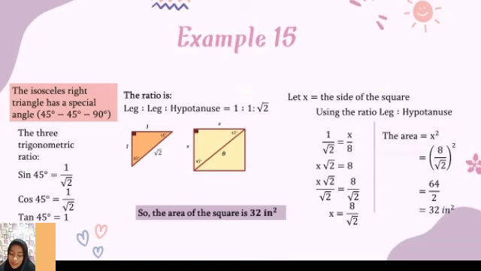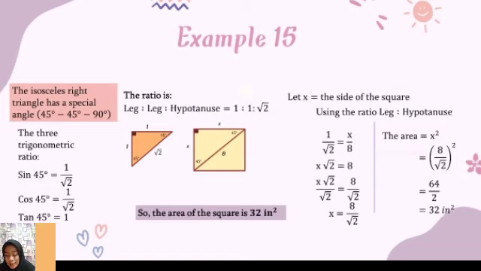The isosceles right triangle has special angles, like 45 degrees, 45 degrees, and 90 degrees. The three trigonometric ratios are: sin 45 degrees equals 1 over square root of 2, cos 45 degrees equals 1 over square root of 2, and tangent 45 degrees equals 1.